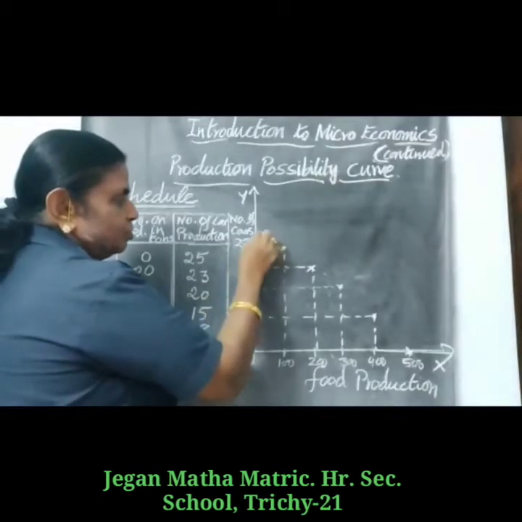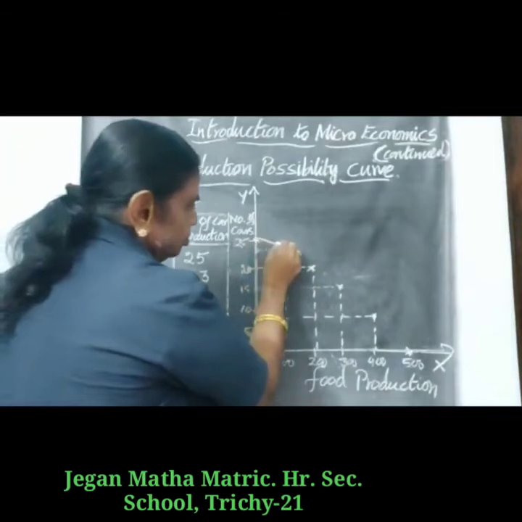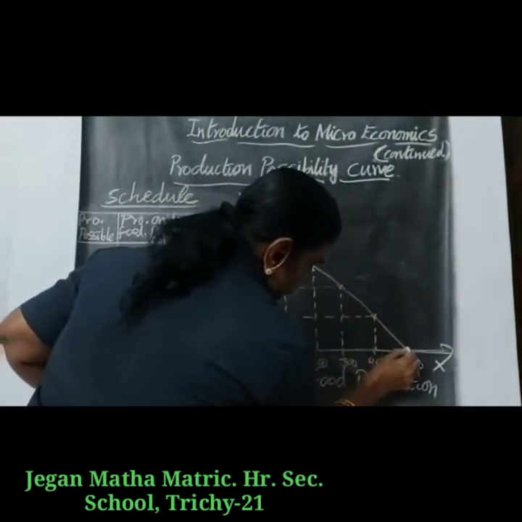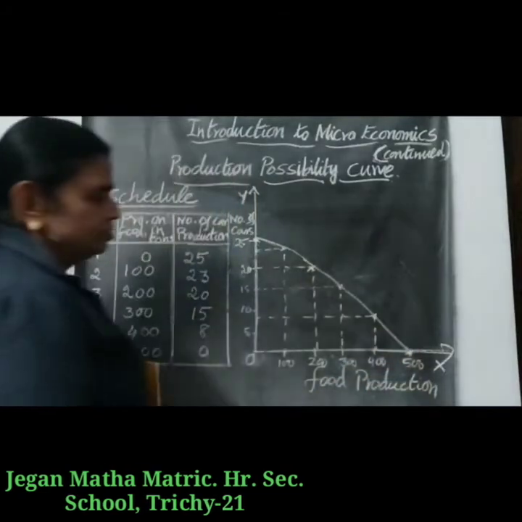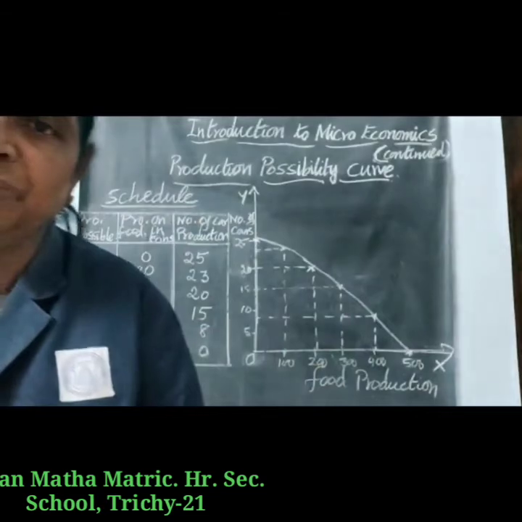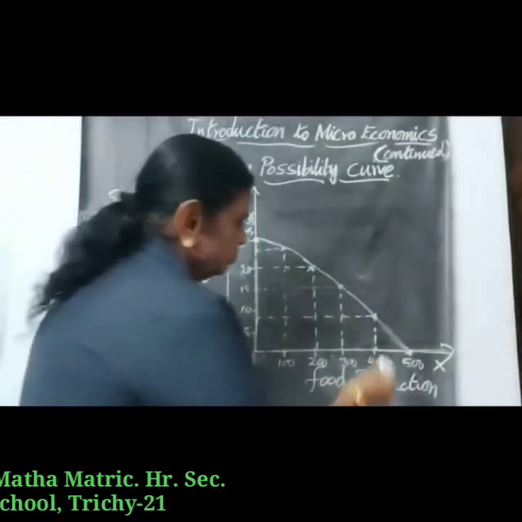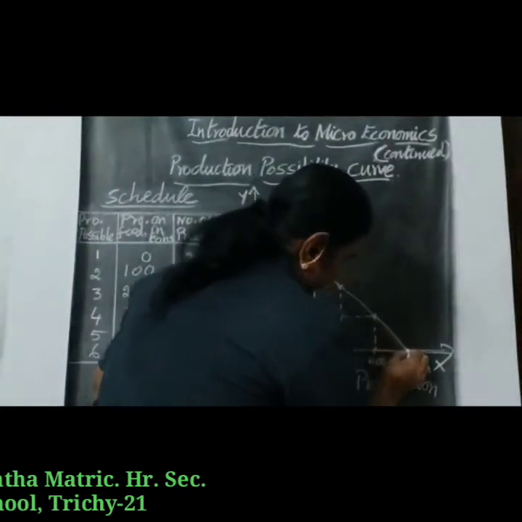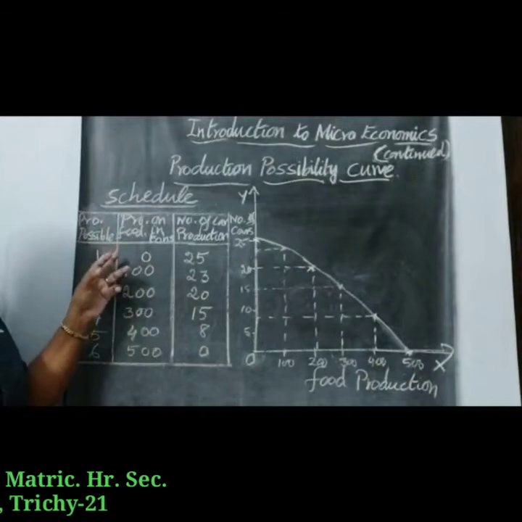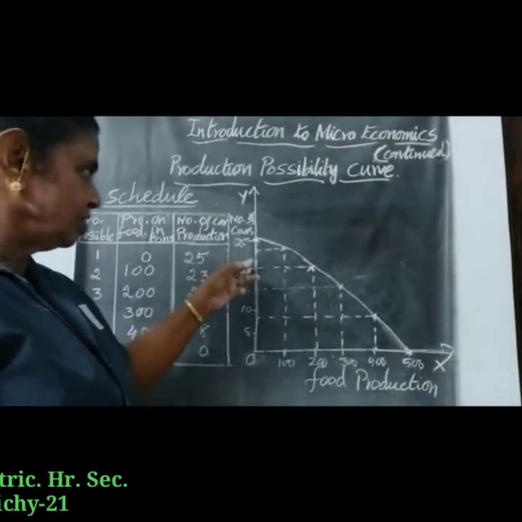So starting from here, moving from 25, we have to join this curve. When we join this curve, the curve moves downward. And see here, when production of food in tons is 0, number of cars produced is 25.